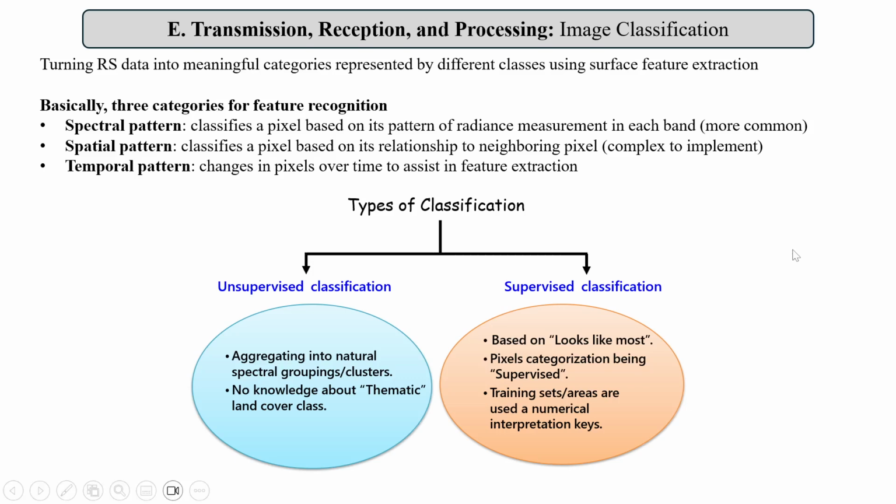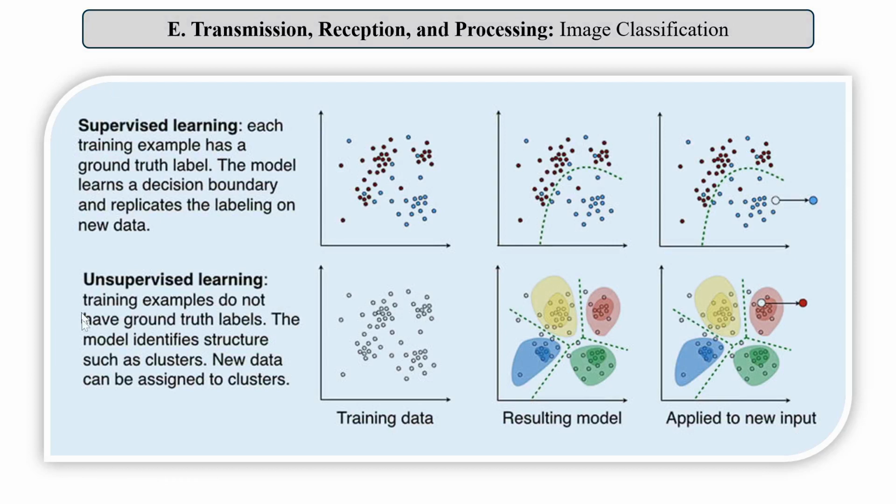So I'll show you how to do supervised classification. In supervised learning, each training example has a ground truth label. Suppose you go to a study area and see that in this area there is a lake and in this area there are mountains. In the software you provide this area as lake and this area as mountain, and based on the provided training set, it categorizes the data. But in unsupervised learning, you don't provide any data.